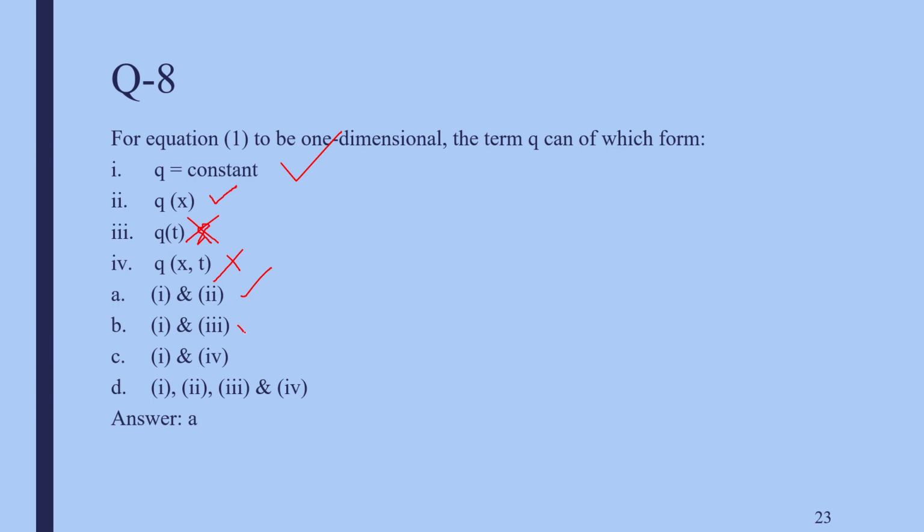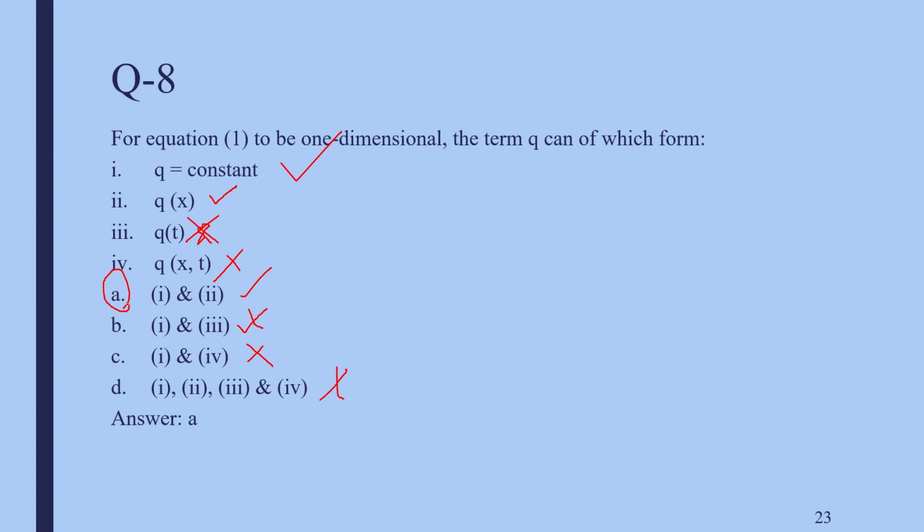B, it is given 1 and 3. It is false because the third statement is false. 1 and 4 again is false because the fourth one is wrong, and D, everything is given, so it is false. So the right answer to this particular problem is option A, that is 1 and 2. Q is equal to K d square T by dx square is the equation 1.